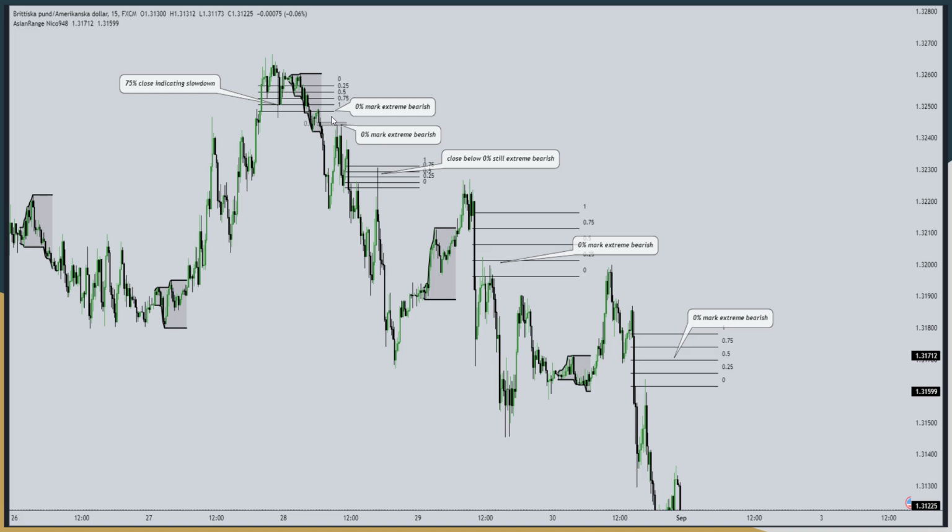So continuation of massive downwards momentum, meaning if you see a premium PD array, alright, and if you see pretty much the body not even closing in it, alright, what that indicates is that the market will probably continue down for a while, alright, and the institutional order flow is extremely bearish if it does not even close in it, like you can see here, and this is overall a 0% mark. So when the wicks only tap into some key level and then not even close in that PD array, well, that is equal to a 0% mark, and that equals an extreme bearish institutional flow.